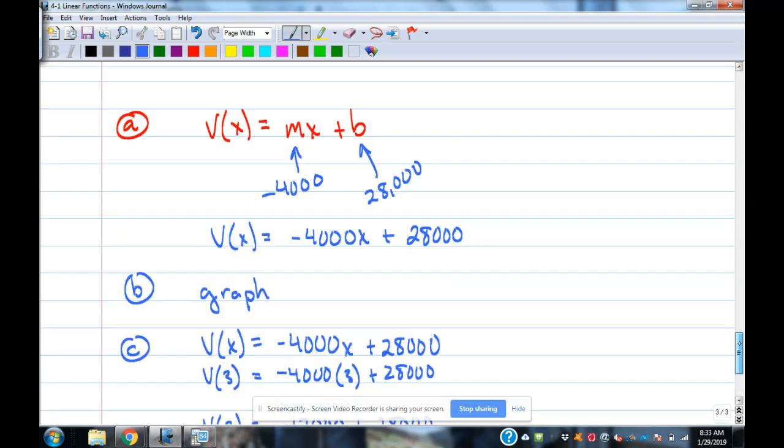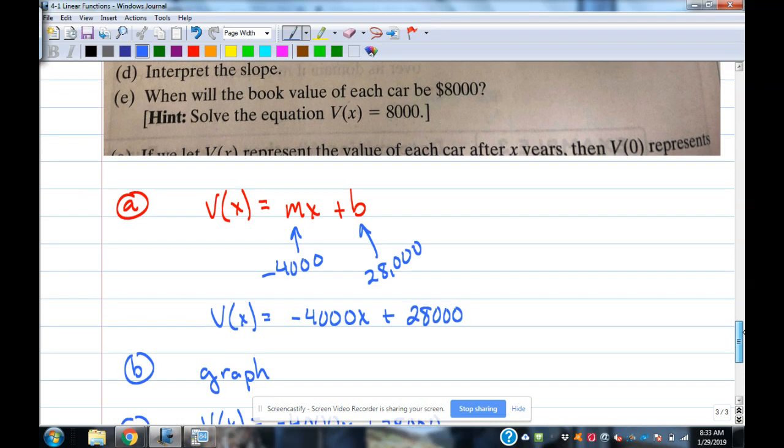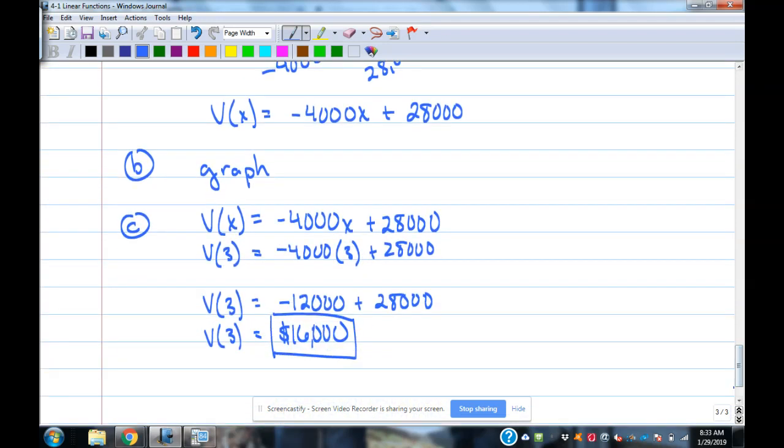Go to D part. Interpret the slope. Let's talk about that. What does the negative 4,000 tell us is happening? Yeah. So every single year, the worth of the car is going down by $4,000. That's what interpreting that slope would mean. Because it's a negative slope, we know we're reducing the value of the vehicle.